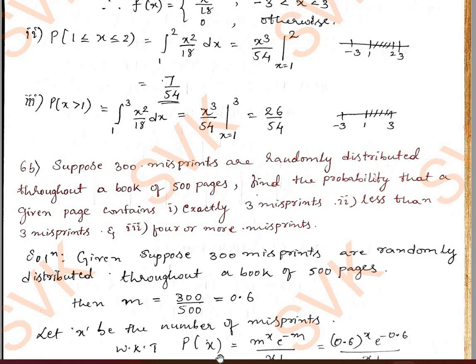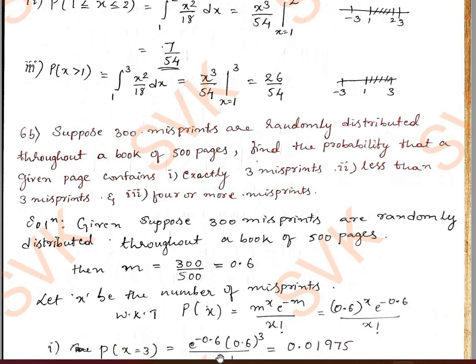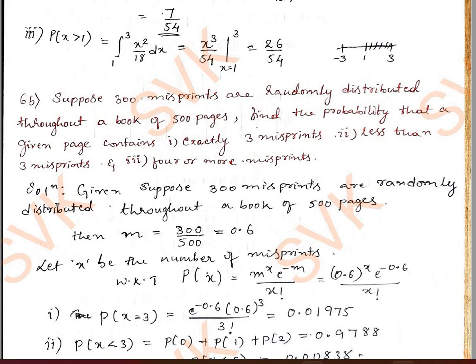Then substituting in the general formula of Poisson's distribution, p of x is equal to m power x into e power minus m divided by x factorial. Substituting the value of m, 0.6 whole power x into e power minus 0.6 divided by x factorial, and now substituting at x equal to 3, we are going to get this value.